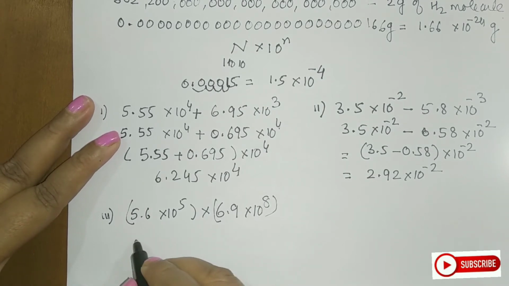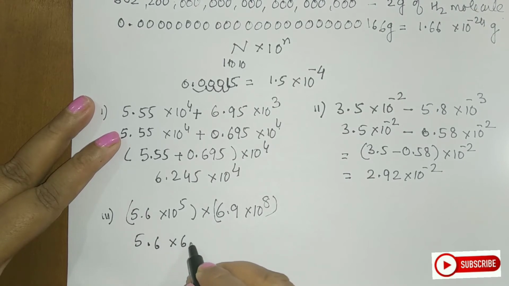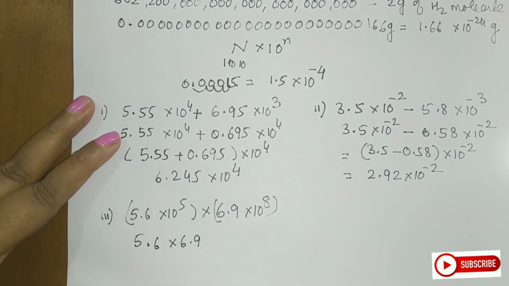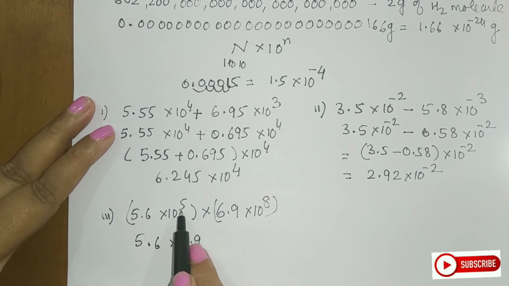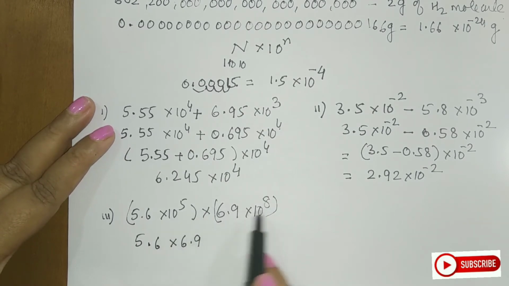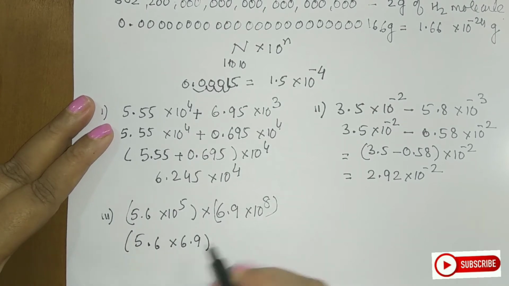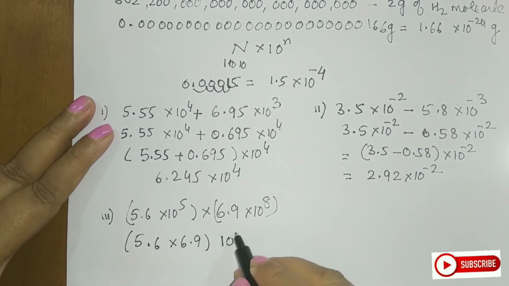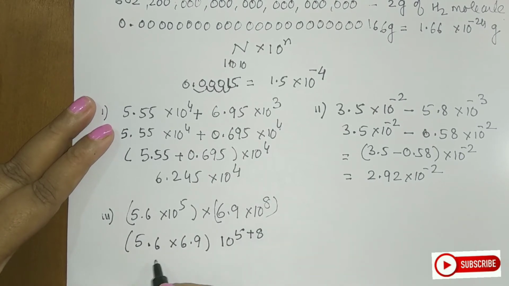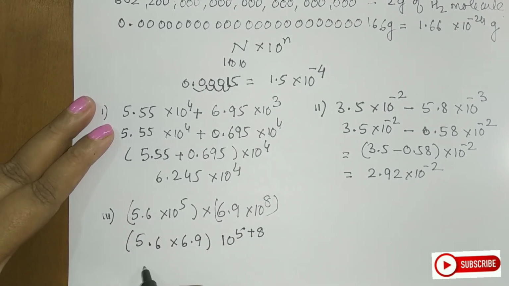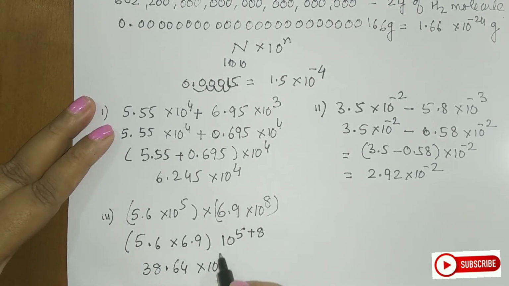This will be 5.6 into 6.9, a simple calculation, and when multiplying, you add the powers, so it will be 10 raised to 5 plus 8. If I find the product, this will be 38.64 into 10 raised to 13.